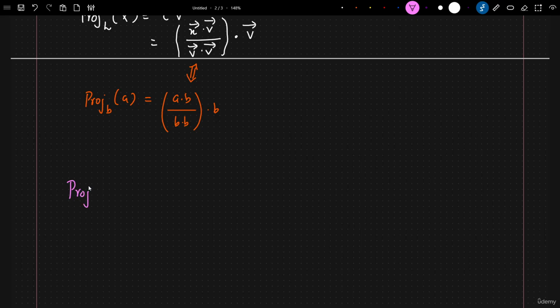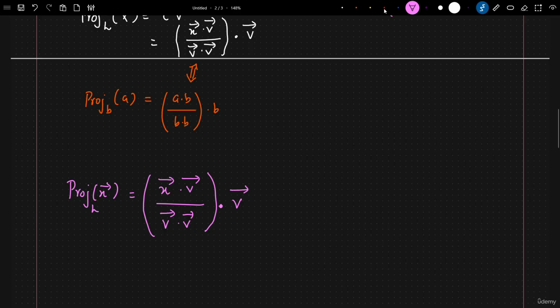The projection of any vector X on L is X dot V divided by V dot V, and this entire thing is multiplied by V. So this is the entire formula. And what does this basically specify? We will also discuss that. So now this is my final formula.